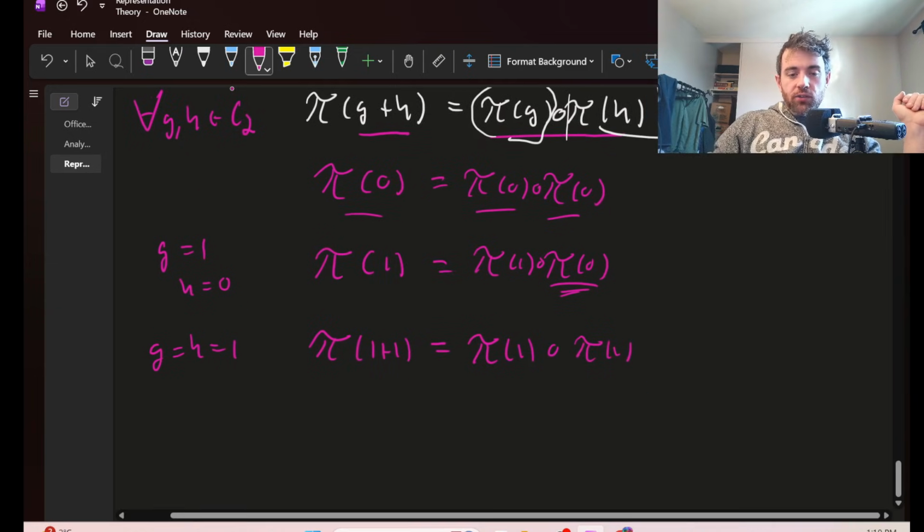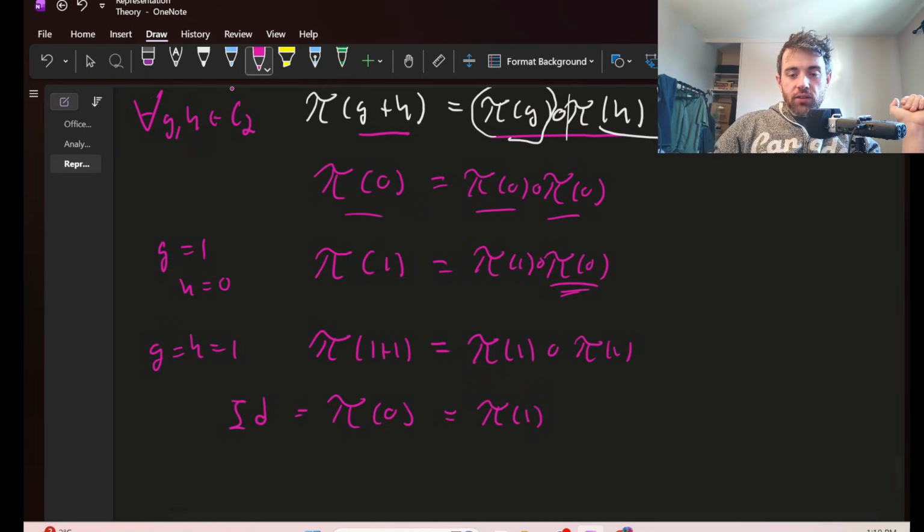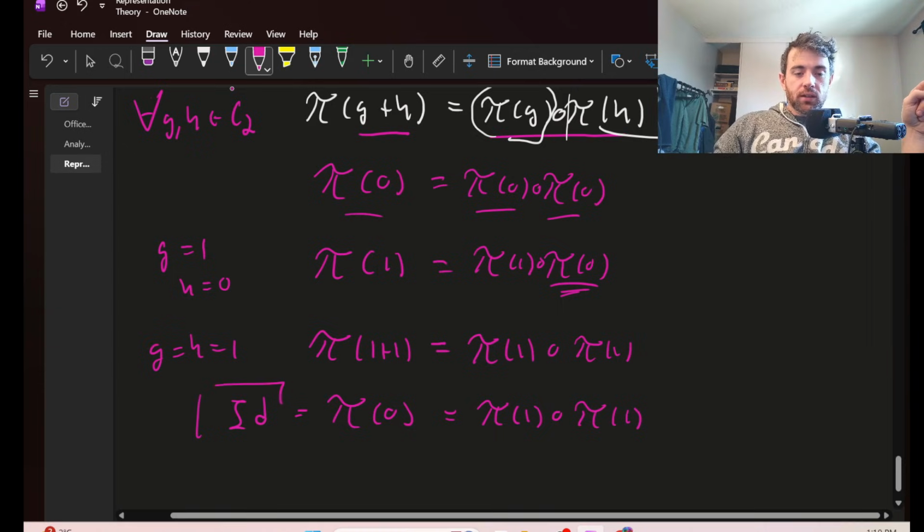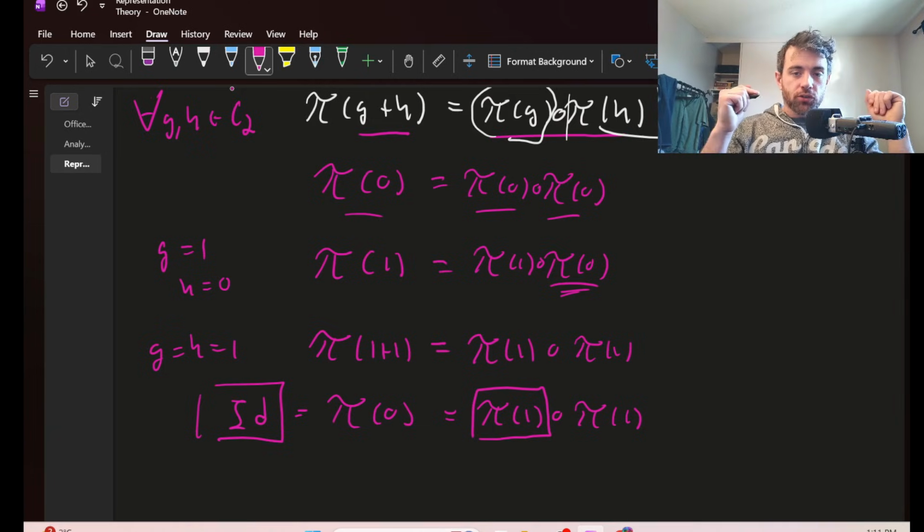But that says that pi of 1 plus 1 is 0 in this group, which is the identity. So now we get something kind of interesting. What does this say? That this linear transformation composed with itself must give us the identity. So in other words, pi 1 as a linear transformation must be its own inverse.